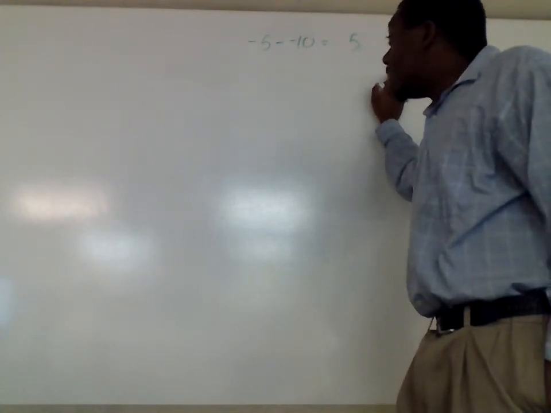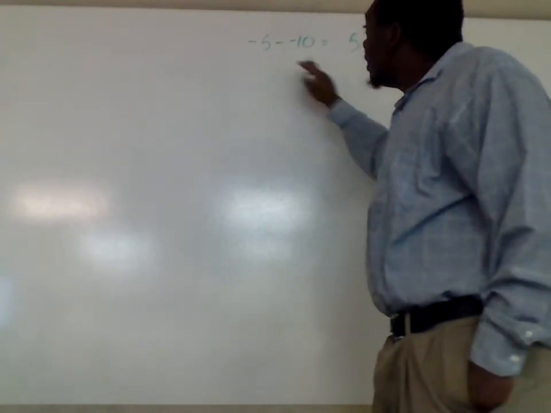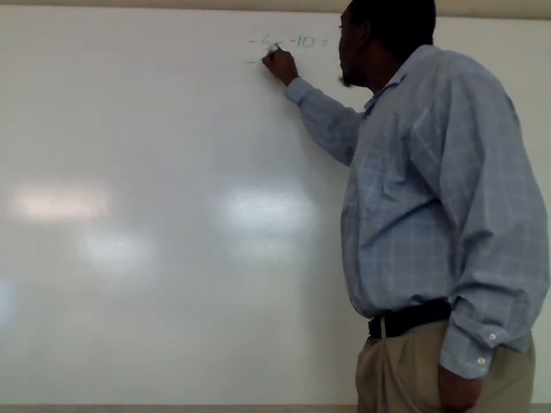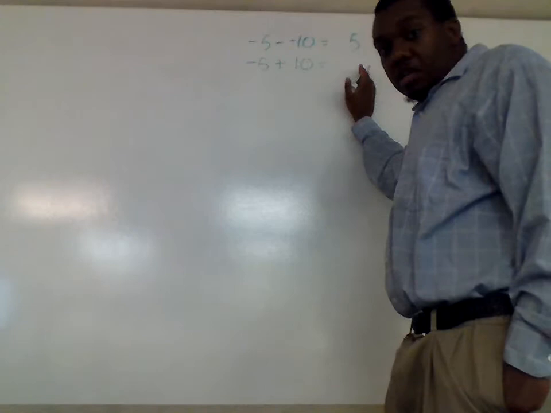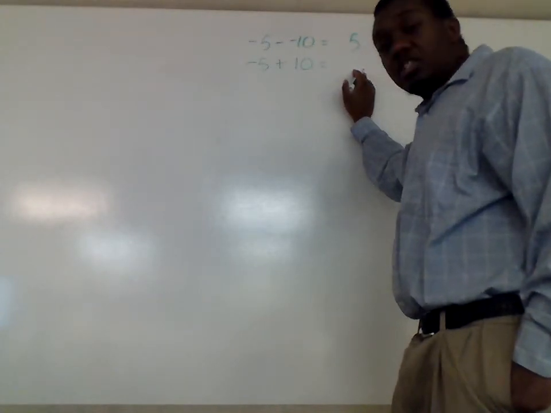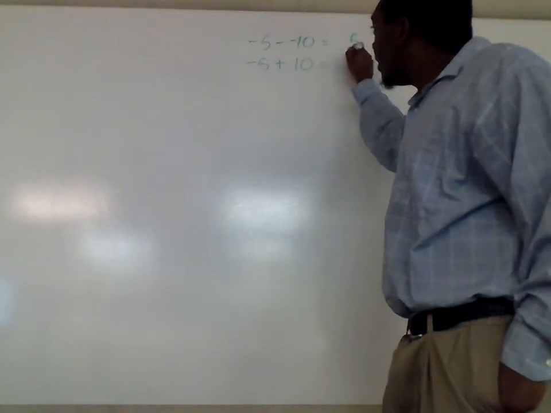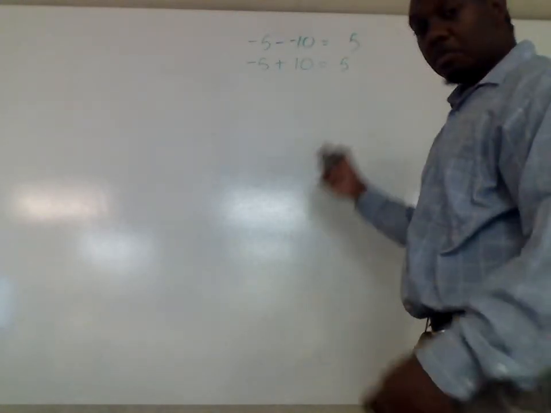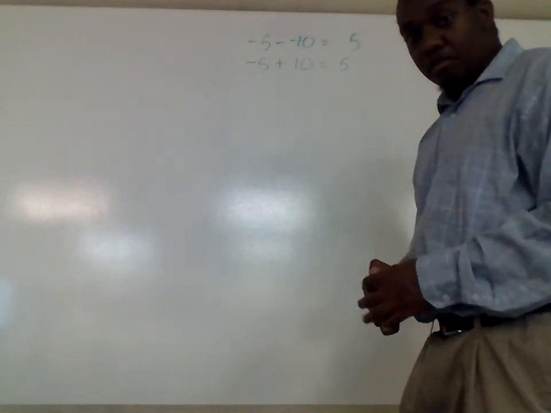Now, if we're not using a number line, say we're using the other way we just talked about, negative 5 minus negative 10, we would say this is negative 5 plus 10. Okay. Well, 10 is the larger of the two, so our answer is going to be positive, and then 10 minus 5 is 5. So as you can see, once again, this method is probably easier to understand and a lot faster to compute with.